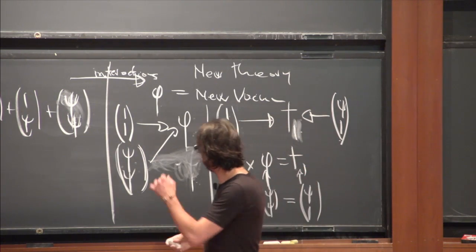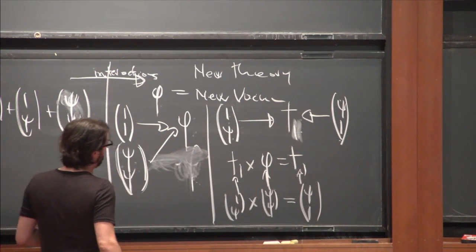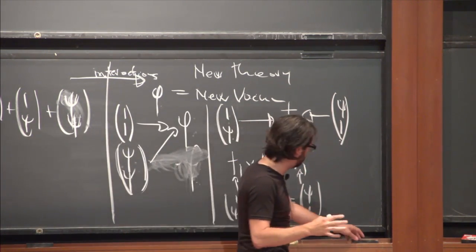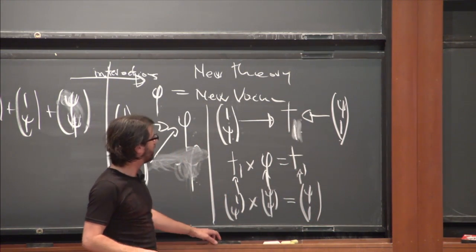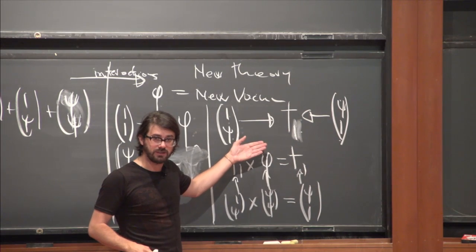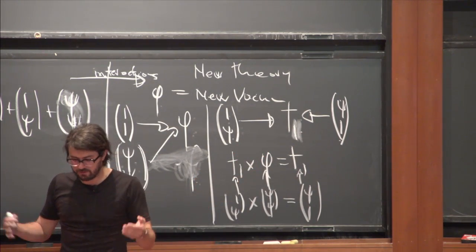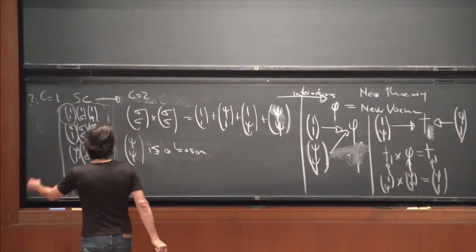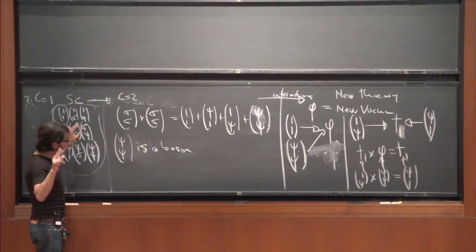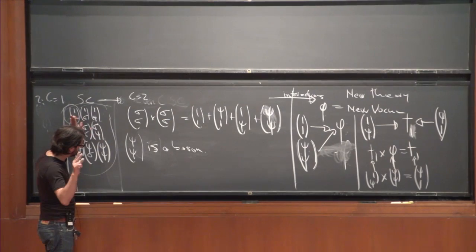Both of these are identified with the vacuum. I'm just building a map between the old particle spectrum and the new particle spectrum. This is how you reduce the number of particles, because now your vacuum has two sets of fields from the original theory condensed into it. This psi has condensed into the vacuum.